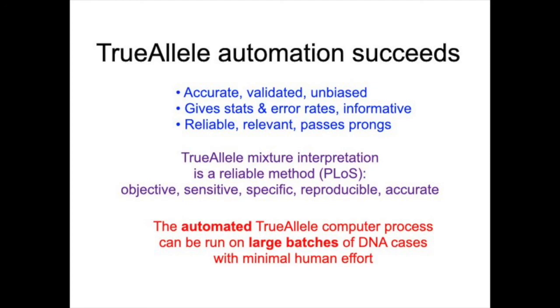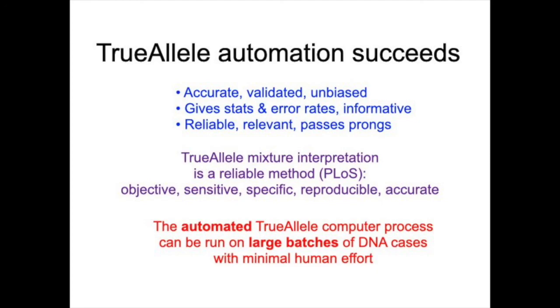One of the first test cases was the World Trade Center project, where we were able to process 100,000 DNA data files for 18,000 victim remains in a short period of time. It's automated. We can run it on large batches of cases without having people scrutinize the data or make any choices or decisions. I don't know of anything else like that.